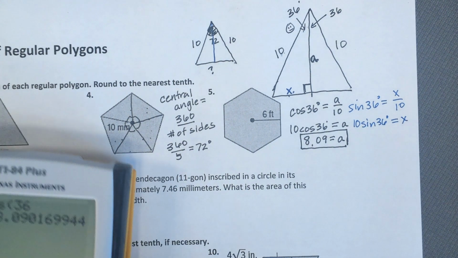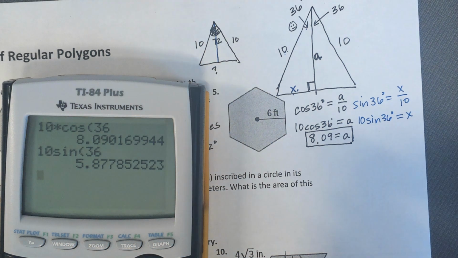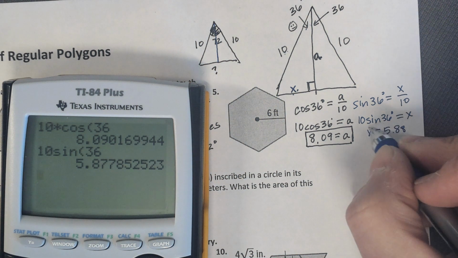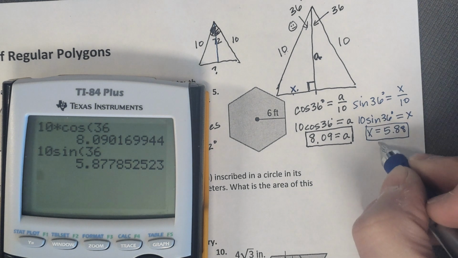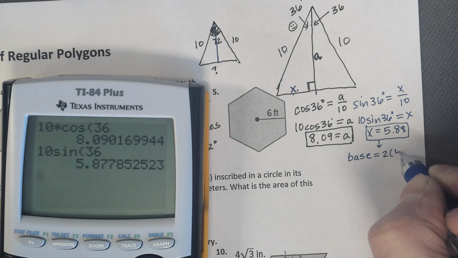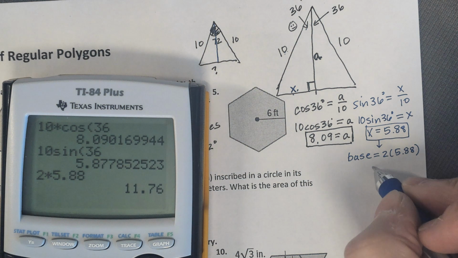Again, go into the calculator. Type that in. 10 times sine 36. Looking at about 5.88 as our x. Okay? That means the whole base, the bottom, is double that. 2 times 5.88, so about 11.76.